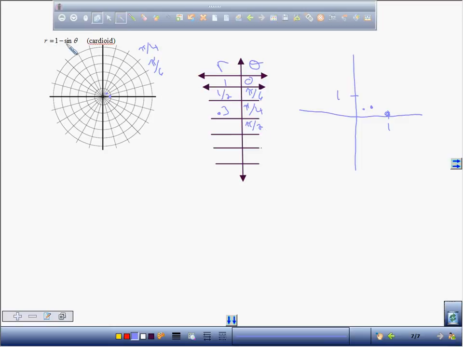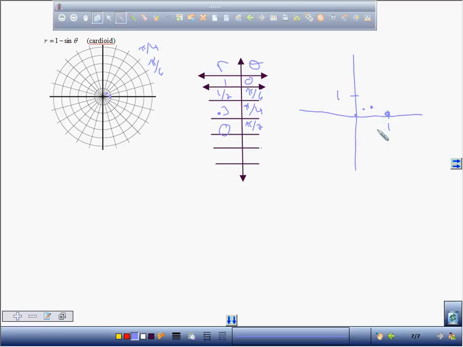What's the sine of pi over 2? Sine of pi over 2 is 1. So I get 1 minus 1, which gives me 0, right? And so what I get is go out 0 and around pi over 2.